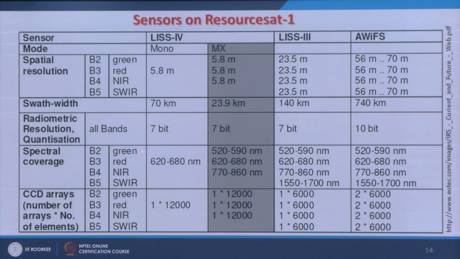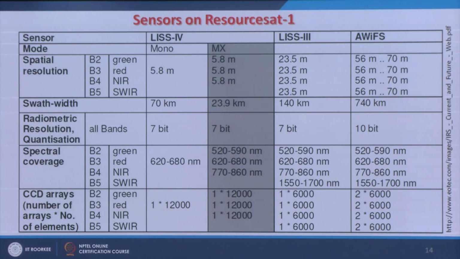As you can see, in case of LISS 4 panchromatic, it was 5.8 meter, whereas the swath width was 70 kilometer. Here in case of LISS 3, where the spatial resolution was 23.5 meter, swath width was 140 kilometer, and in case of AVHRR the swath width was 740 kilometer.